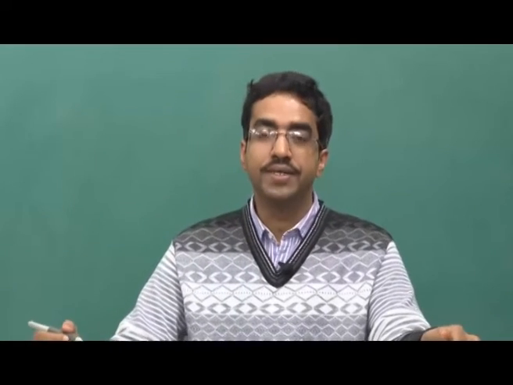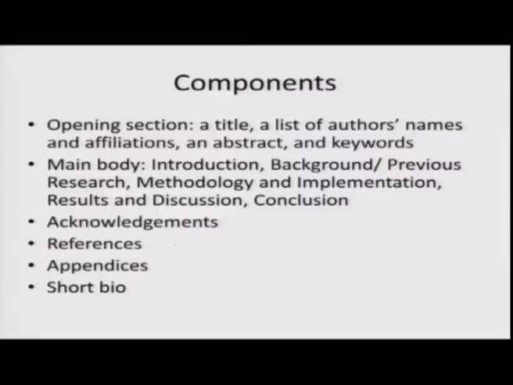Okay. So, coming to components, just like a dissertation, we can divide the components into 3 parts: opening section, main body, and then the other sections. The opening section has the following: a title, list of authors' names and affiliations, then abstract and keywords.